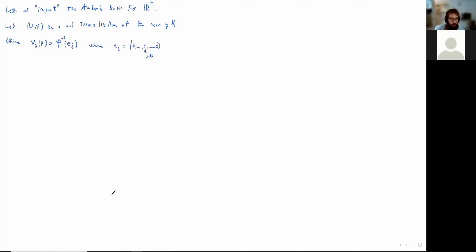In particular, this means that what I'm going to call V underlined, which is V_1(X), sorry, this should have been (X, e_j), up to V_R(X), this is an element of F(E)_X for every X in U.